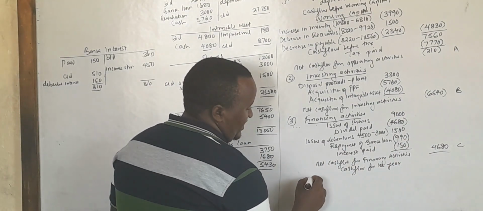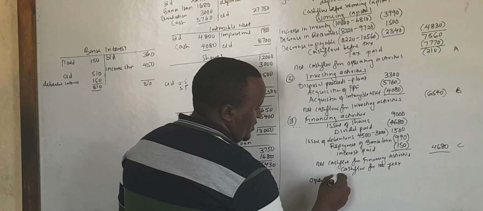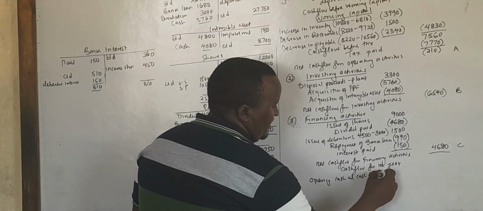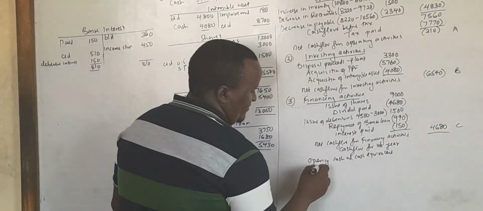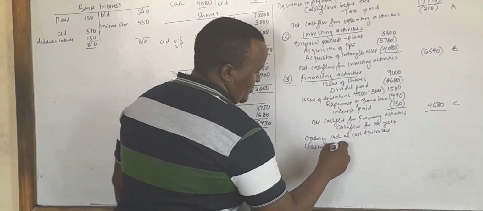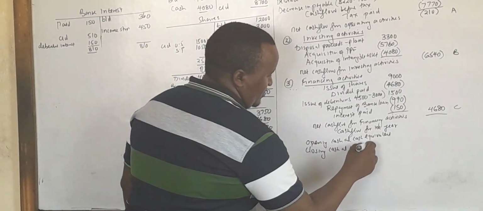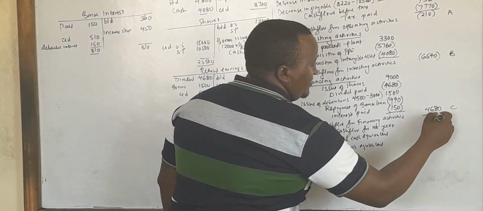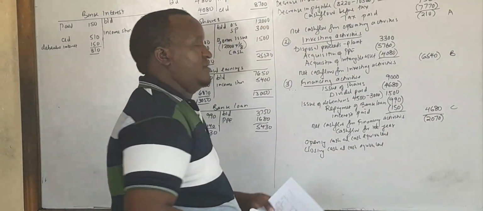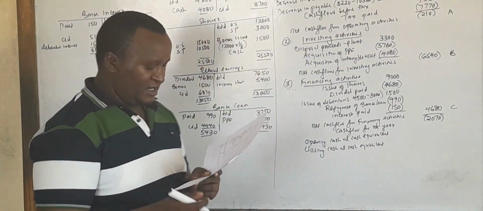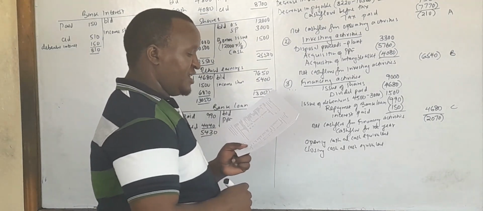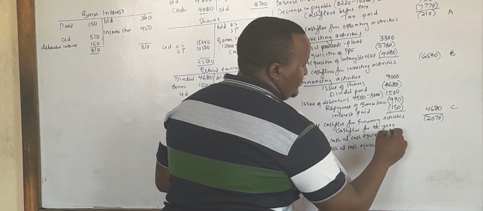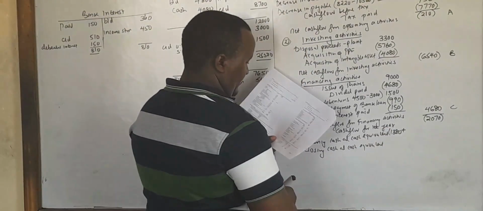We have the opening cash and cash equivalent, and the closing cash and cash equivalent. You are having negative 2070. Look at the opening. Our cash, we had what? And the cash equivalent. So we had a treasury bill of 1380. And cash of what?